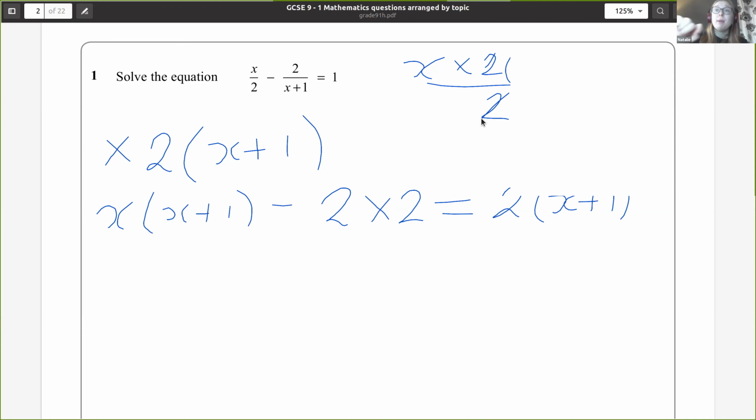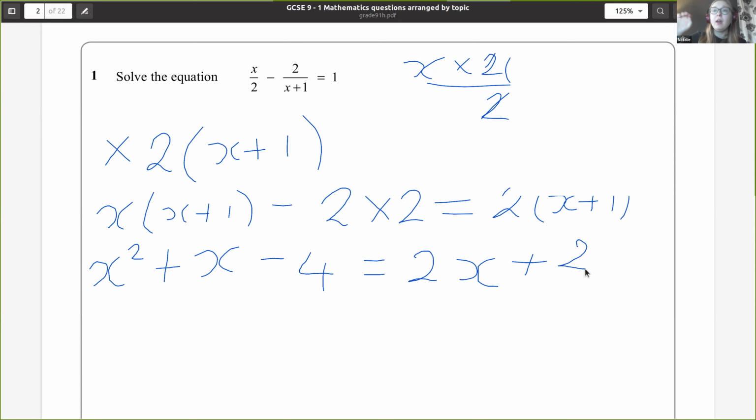Next, I'm going to expand all the brackets out. So I'm going to get x times x gives me x squared, plus 1 times x gives me x, minus 2 times 2, which is 4, is equal to 2 times x, which is 2x, plus 2 times 1, which is 2. I'm now going to do what everyone loves, which is gather like terms. So I'm going to move everything to one side of the equation and collect everything together.